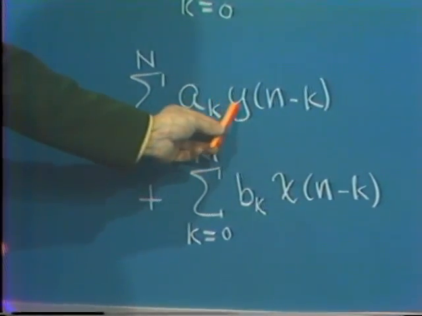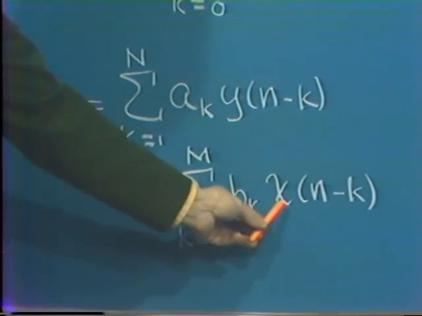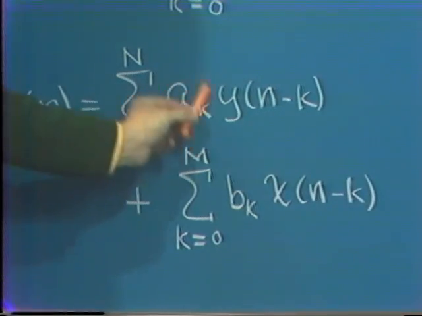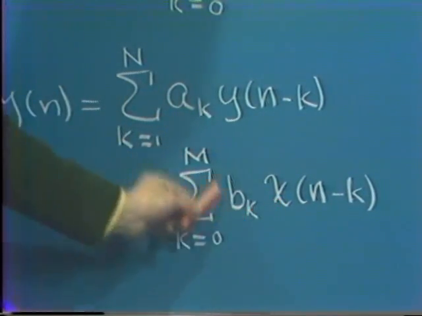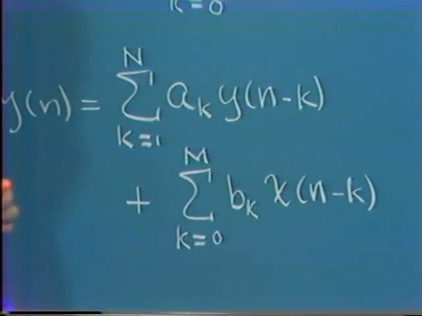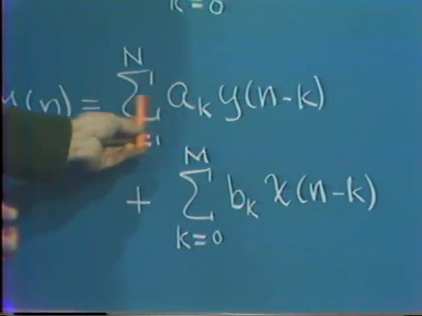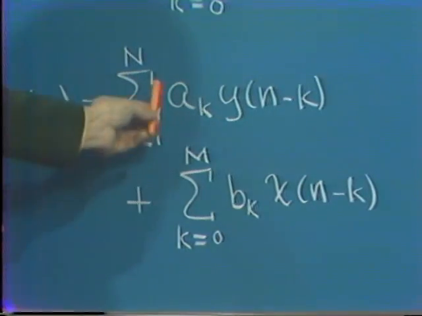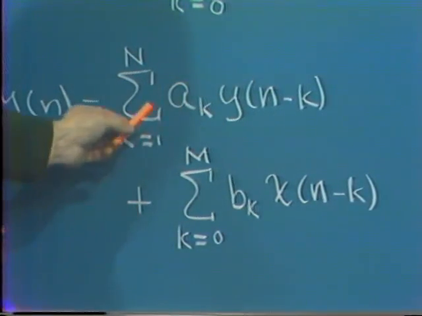Furthermore, we need to multiply these delayed sequences by scalars. So there is the additional operation of multiplication. And third, we have to accumulate these products.